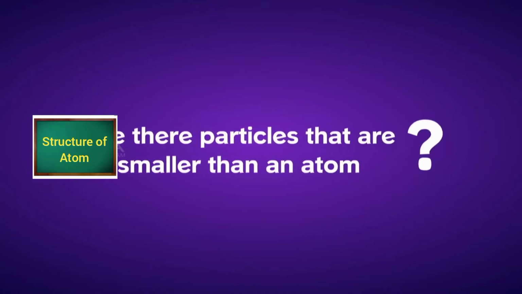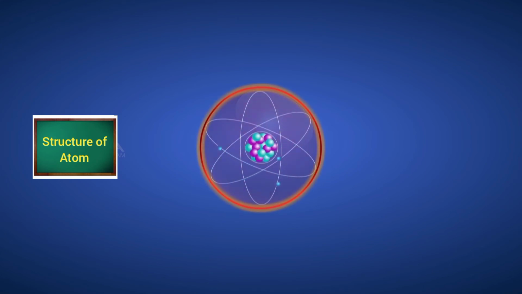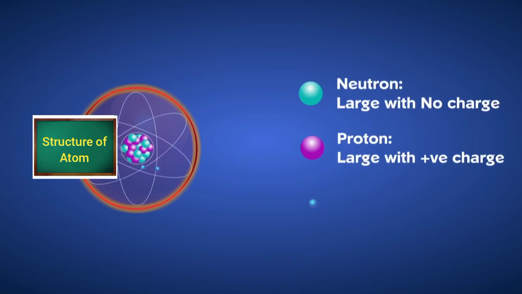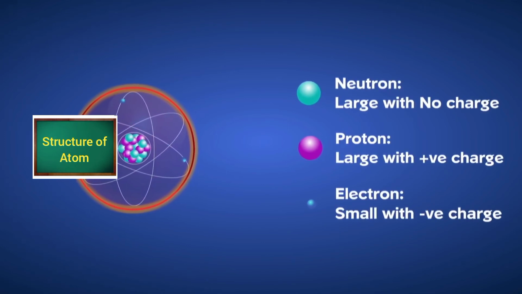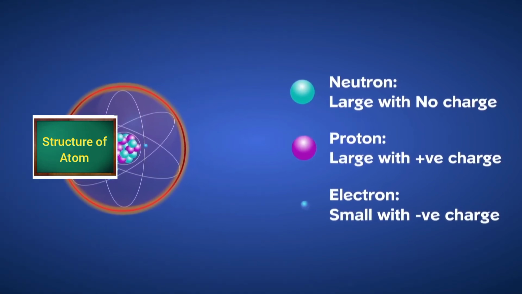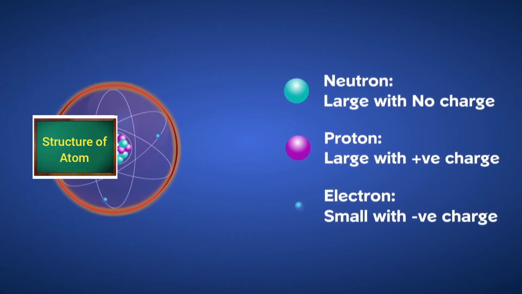Are there particles that are smaller than an atom? Sure, there are. The discovery of the fundamental particles, protons, neutrons, and electrons inside the atom led to the failure of Dalton's atomic theory. This also proved void Democritus's and Kanada's theories that the atom is indestructible.